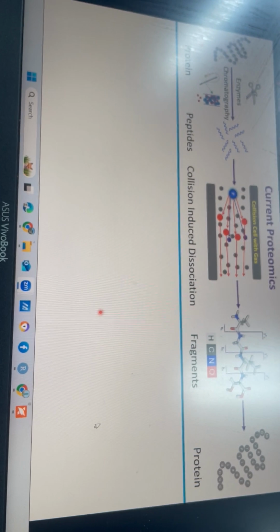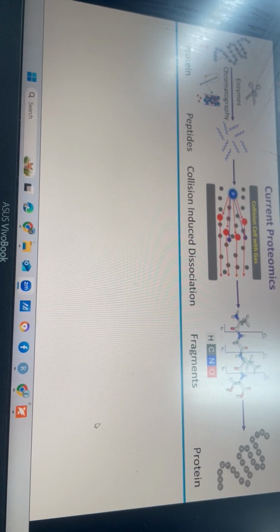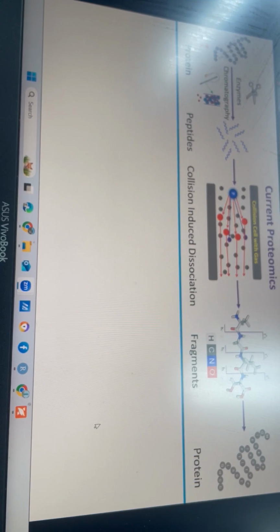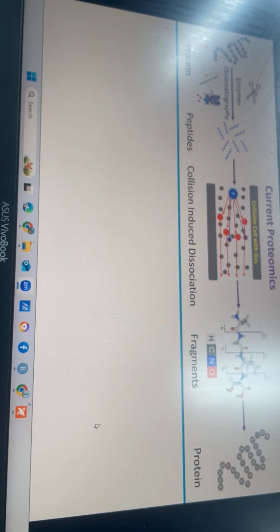So current proteomics is that you have protein. Okay, so you collect the protein. Let's say you have protein in a normal cell or protein in a cancer cell. You extract all the protein from the normal cell and cancer cell, but then you can have a lot of different proteins, and proteins are big.